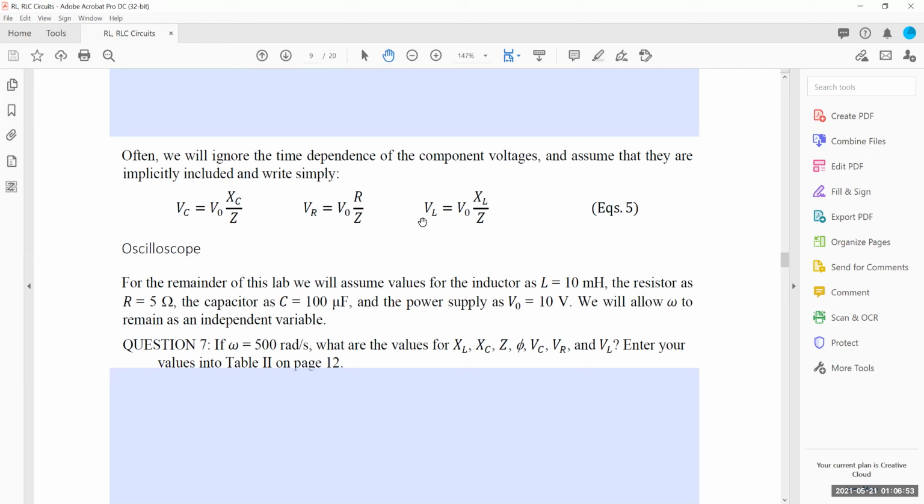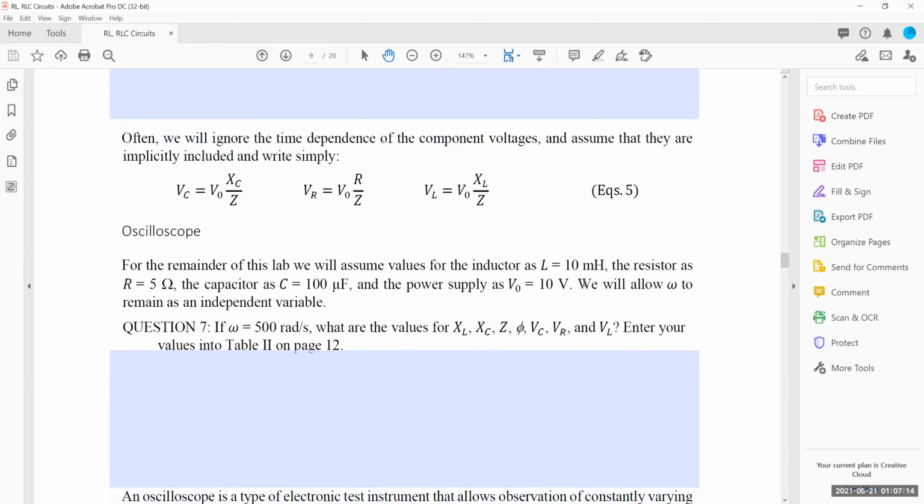Knowing R, I'm sorry, R is fixed, 5 ohms. So you can do the ratio of VC over VR. Or find Z from here, and plug it into the other equation and basically get rid of the Z and use it in terms of R.